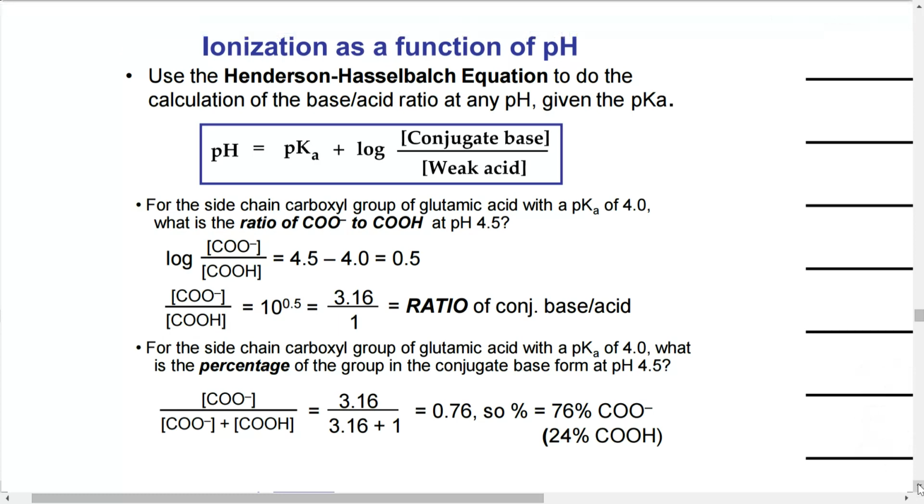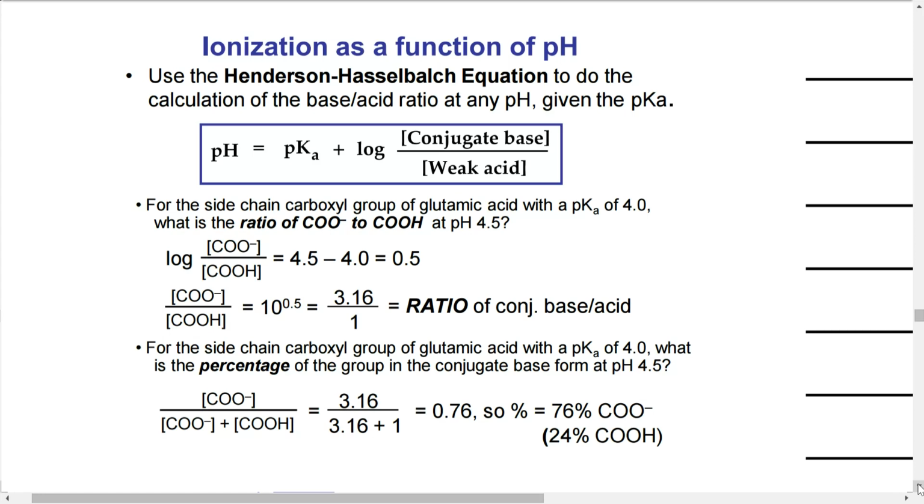Now, I want you to be careful. These are ratios. I can ask this in a couple of different ways. I can ask, what is the ratio of the conjugate base to acid, for which this would be the right answer. Or I can ask you, what percentage of that molecule is ionized? And to do that, I have to convert this not to a ratio, but to a fraction.